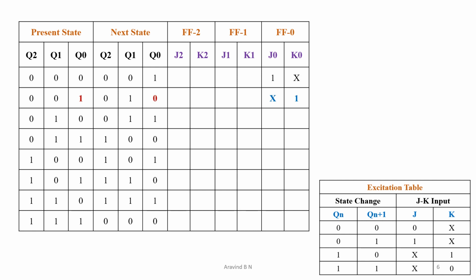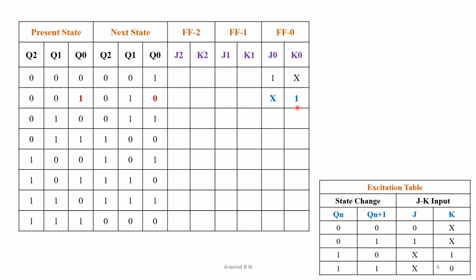Getting into the next one. Now here it is 1, next state it is 0. So we search for the 1 and 0 combination. What is its corresponding J and K value? Don't care and 1. So that has been filled over here.